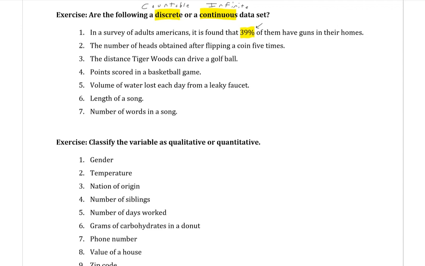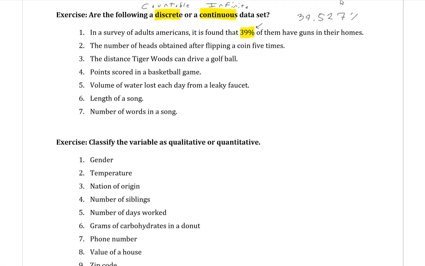Typically, a percentage can be anything. 39% is what is reported here, but I very well could have had 39.5%. And that would still make sense as a percentage value. Or maybe I had 39.52%. That still makes sense as a percentage value. Or maybe I had 39.527%.